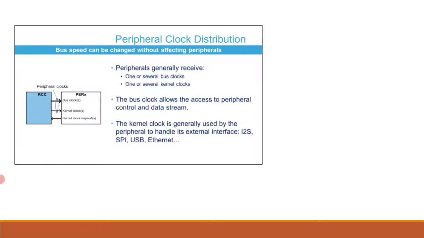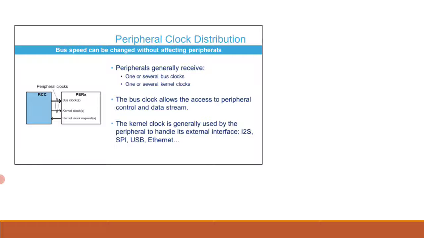Having a separate bus clock and kernel clock allows the application to change the interconnect and processor working frequency without affecting the peripheral. For certain peripherals, it is also possible to disable the bus clock as well, as long as the peripheral does not need to transfer data to the system. So it gives good flexibility on the frequency selection for the bus, processor and memories, and the real need of the peripheral interface.